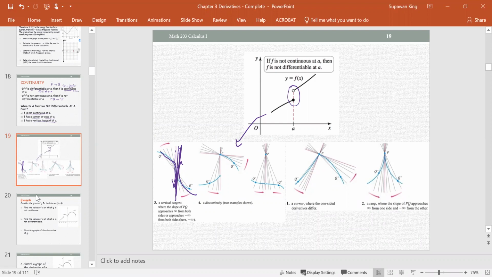The corner means it has a sudden change: after you draw the graph moving from the left, all of a sudden it changes direction or doesn't have a smooth turn. Similarly, it has a sharp turn. So all of these cases make the function not differentiable.